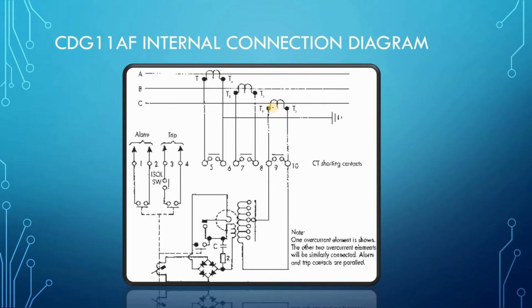You can see the CT output is connected to the relay unit through a plug bridge. This plug bridge is nothing but the plug setting of the relay. Then depending on the current, it will generate some torque, the disc will rotate, and the spindle will touch the fixed contact of the relay.